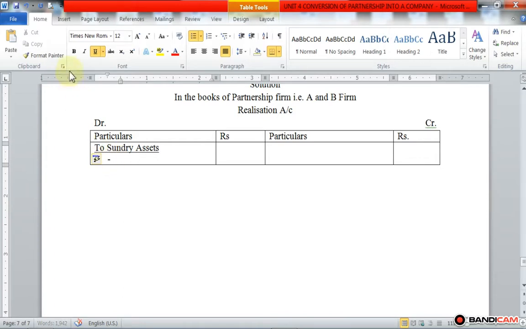So here we transfer goodwill at book value, or we directly put this book value in front of sundry assets. It means we transfer all the assets at book value to the realization account, amounting to rupees 8,000.